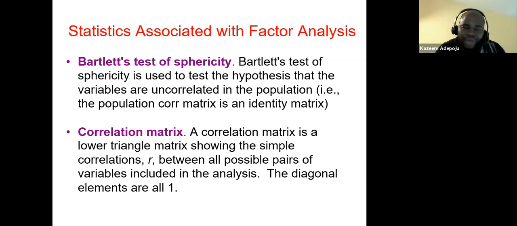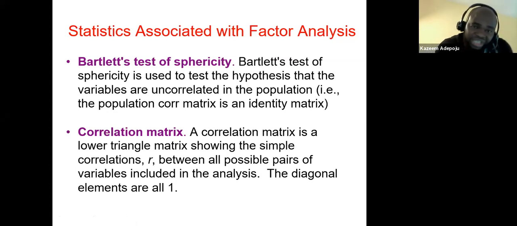That is the reason why I said it is used to test the hypothesis that variables are uncorrelated in the population. The example is that the population correlation matrix is an identity matrix. That is what we want.